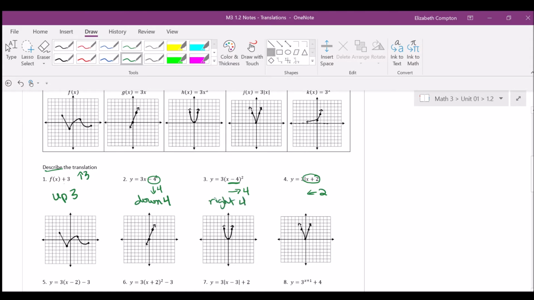Okay, so now what we're going to do is take each of these that was graphed and shift it. So for number 1, it's going up 3. So I'm going to take each point and move it up 3. And again on number 2, I'm going to go down 4.